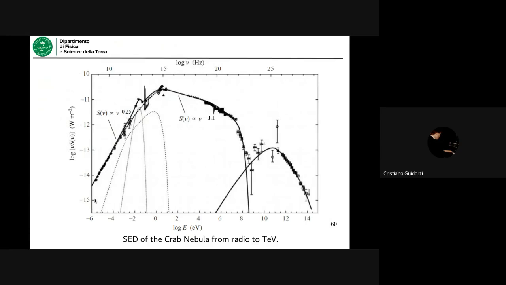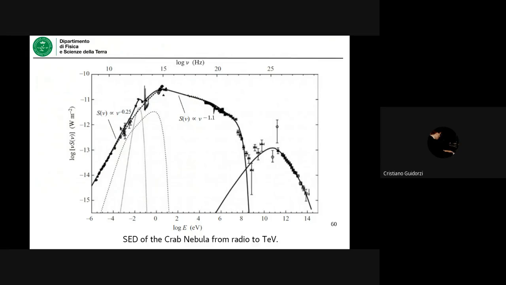So, for example, you see here the radio band, this is the optical range which we are considering, and this is another component at very high energies, in the gamma rays, while this component is well above, in the TeV range. So this is a very broadband spectrum.